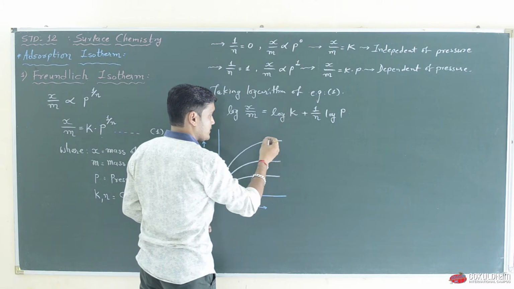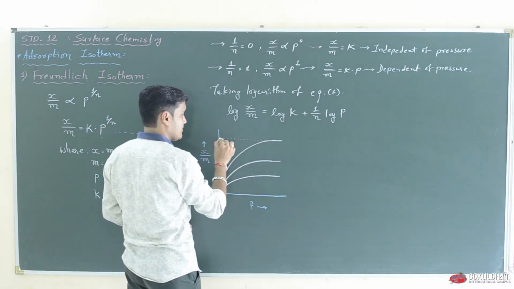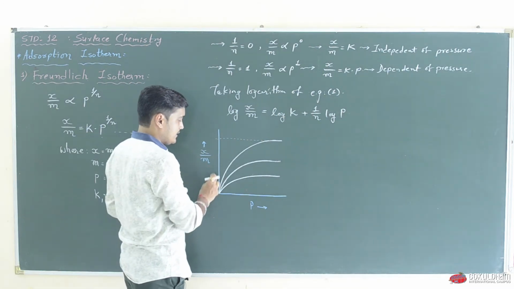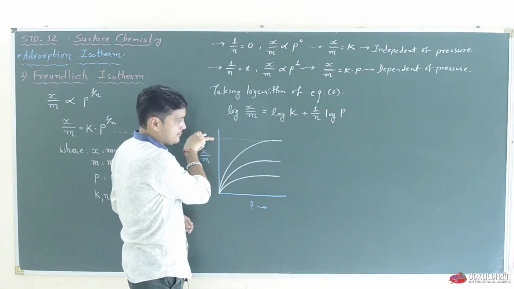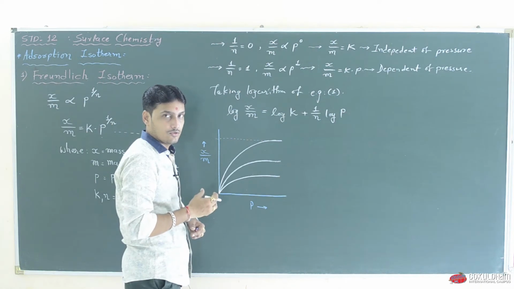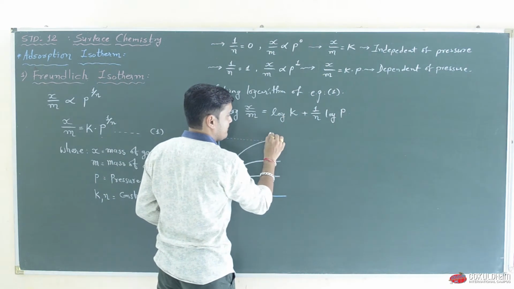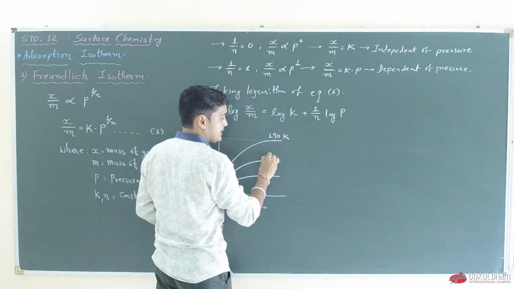You have to remember this peak is the highest peak of the graph. This is the quantity of adsorption, so the height is maximum, meaning the quantity of adsorption is also maximum. At that time the temperature must be lowest, on the upper side.